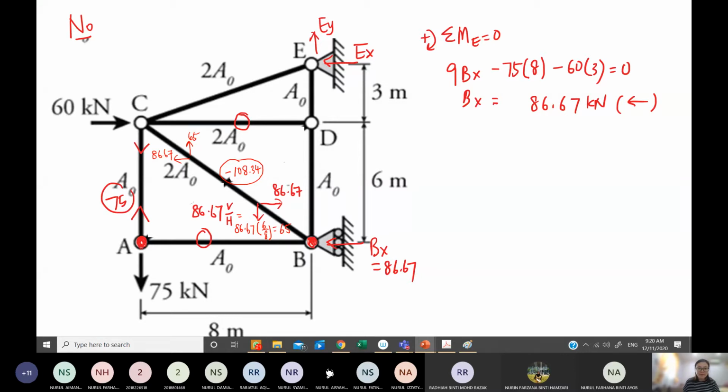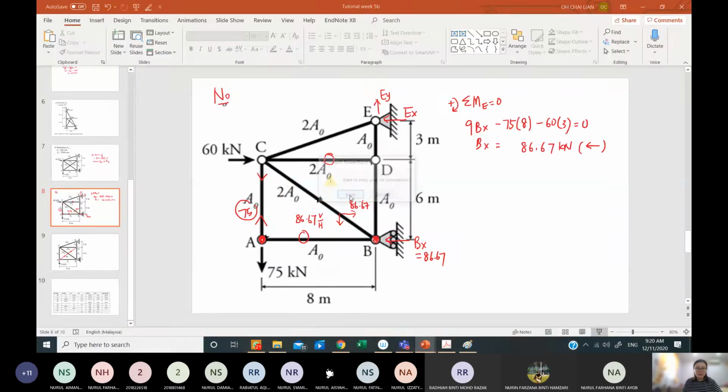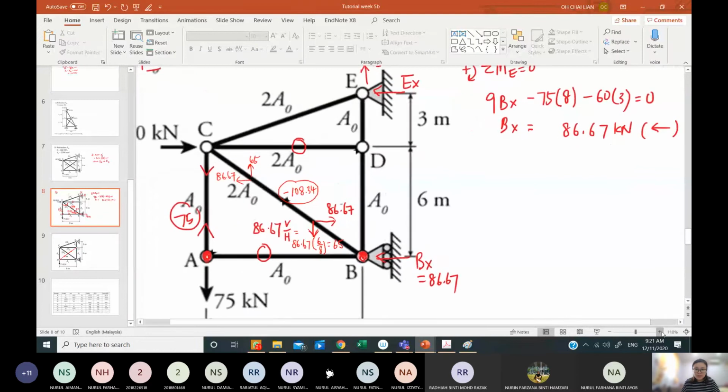Now, I think you can see that we have 65, and I shall go back. Okay, maybe a bit bigger. So I will have 65 going up. So this is tension, and I can also solve DE right now.